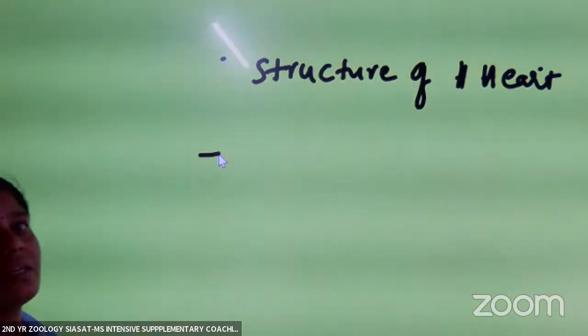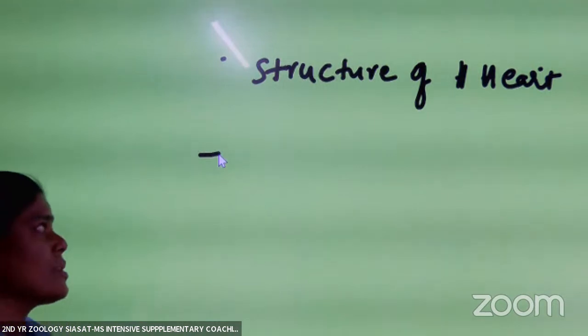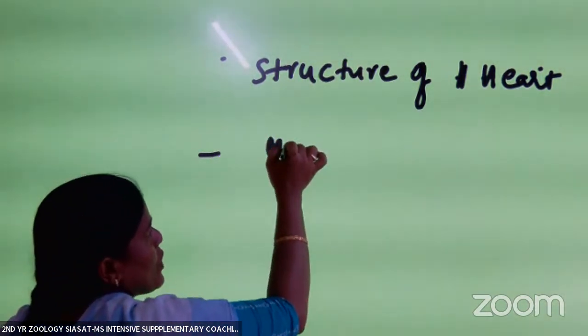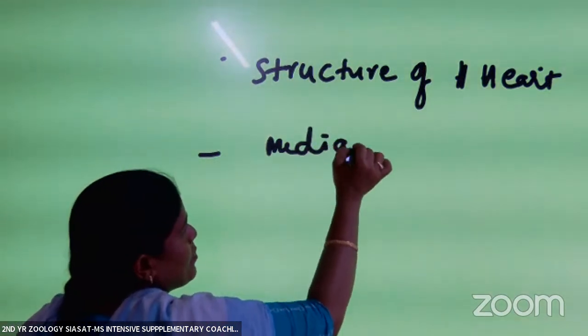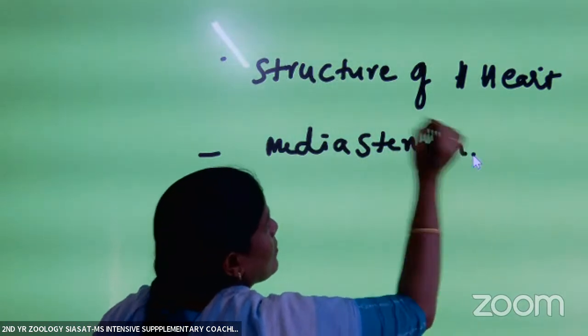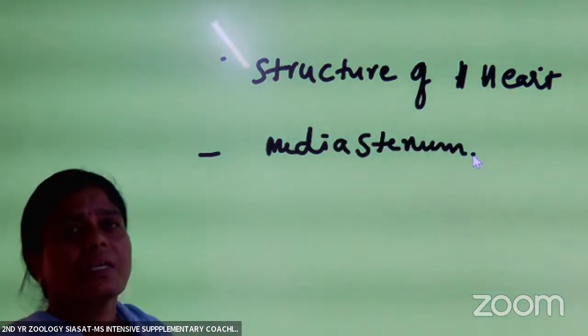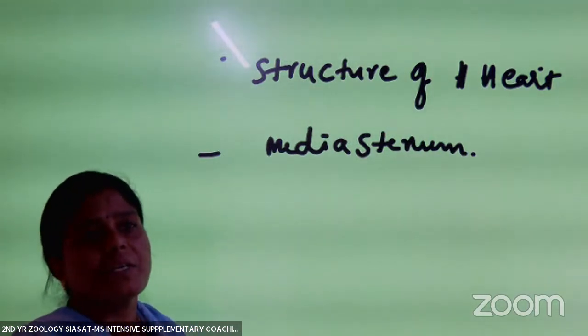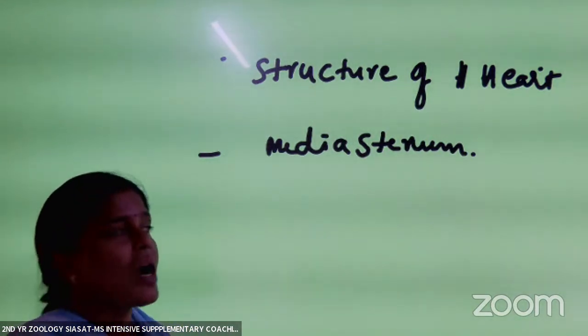First, where the heart is located. It is present in the mediastinum. Between the 2 lungs, a cavity is present. That cavity we call the mediastinum. In this mediastinum, the heart is located.